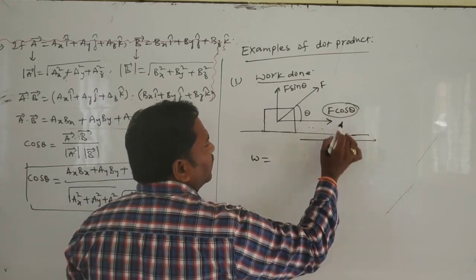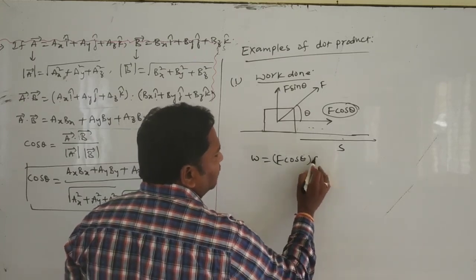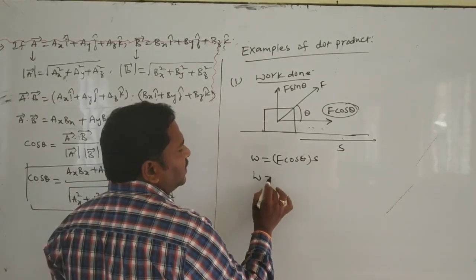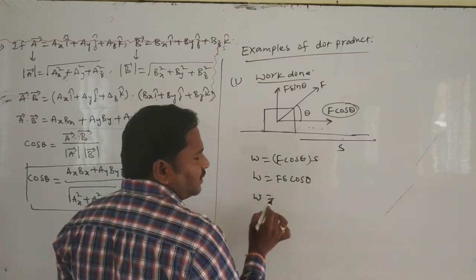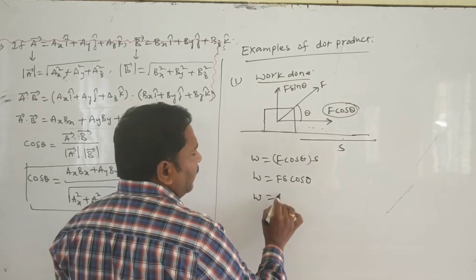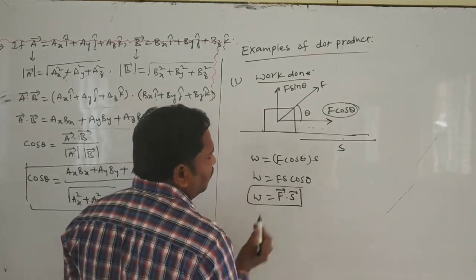The component of force in this direction, F cos theta, into S. Now we can write it as F S cos theta, which is F bar dot S bar. This is one example.